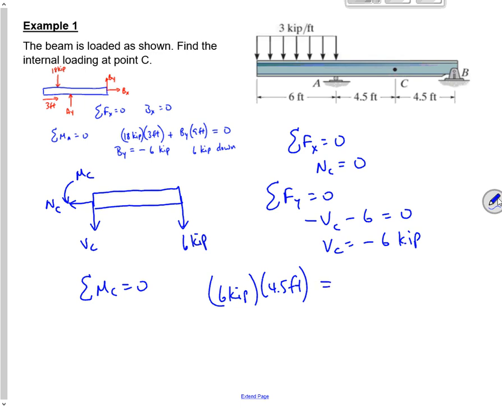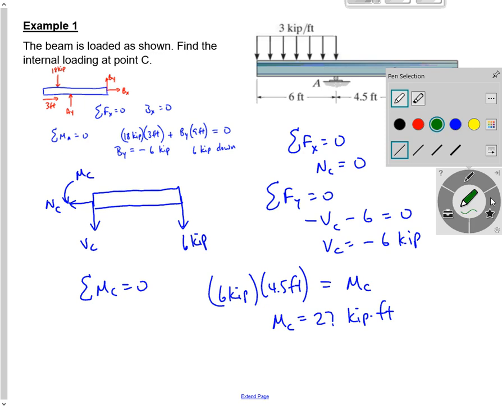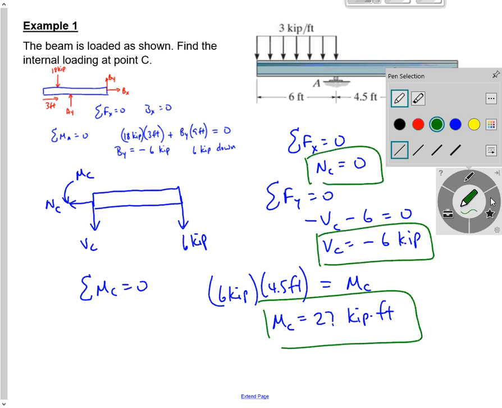And that has to be equal to my moment about C that I calculated, that I put on the figure. So 6 times 4.5, that's going to give me MC is 27 kip feet. And so there's my internal reactions. There's this, and there's this.